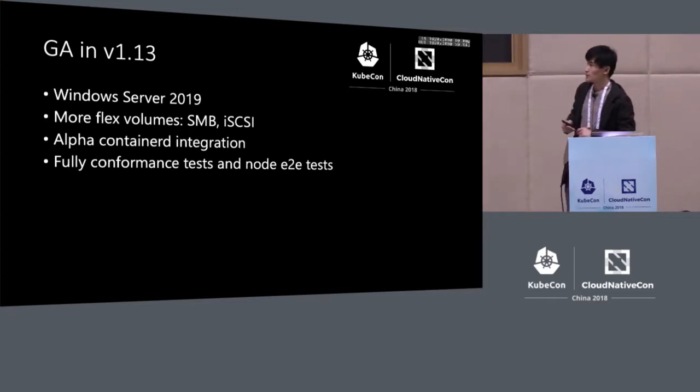So you can use CRI to run containerd to manage the Windows container. In the future, more features will be included. So these new features will be run in the runtime of containerd, and then will be included in the other parts.